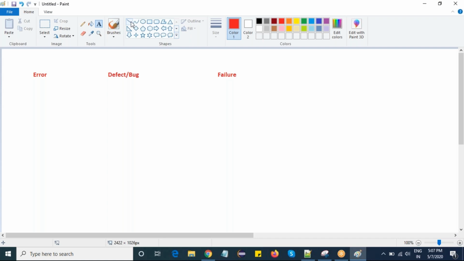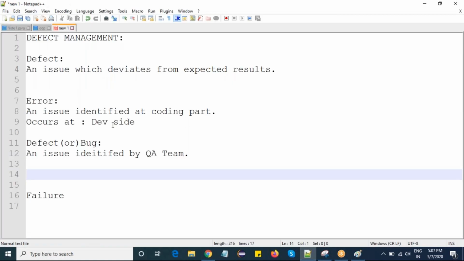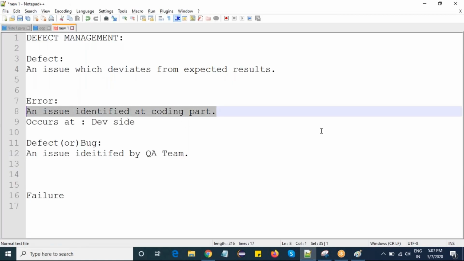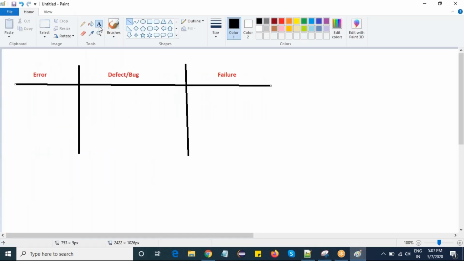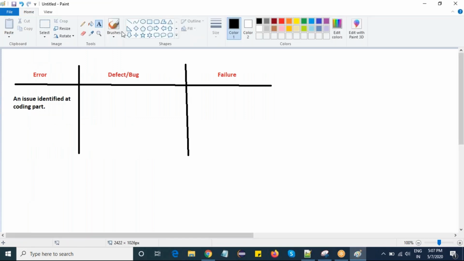Let me differentiate with a line so that it will be very easy to understand. Whatever sentences are written, I will copy and paste here. Whenever this issue, this error, has been missed from the developer side, so the developer ignores his code, doesn't check his code, that issue moves to the next phase.